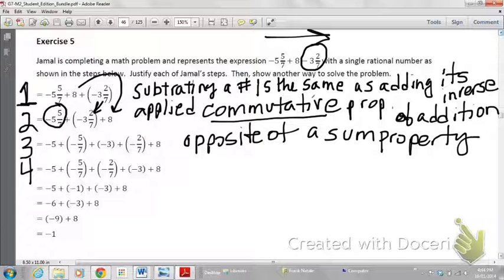He's actually commuted the 3, put it back there next to the 8, and then the 2/7 over here to get that next to the 5/7, so they can be combined a little bit more easily. Okay, commutative again.